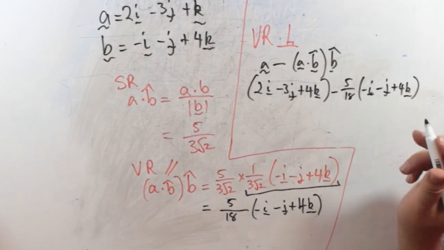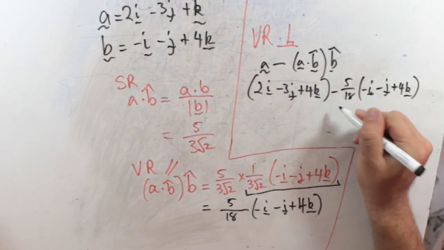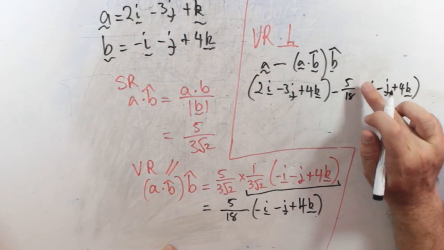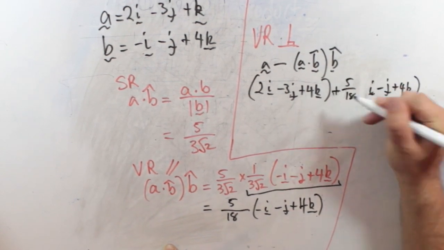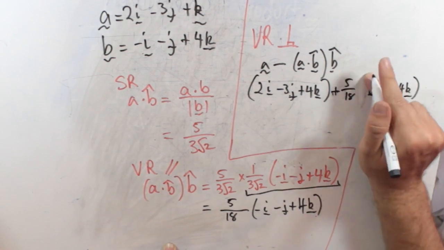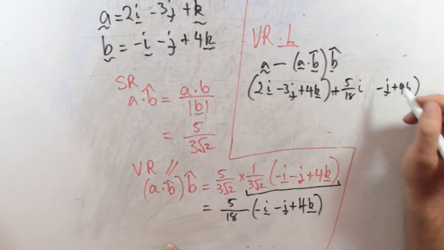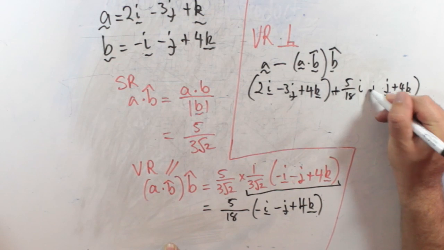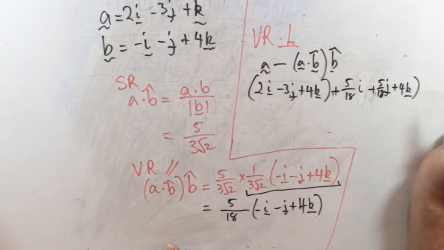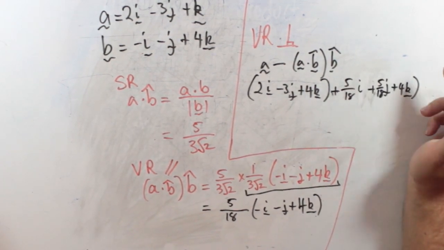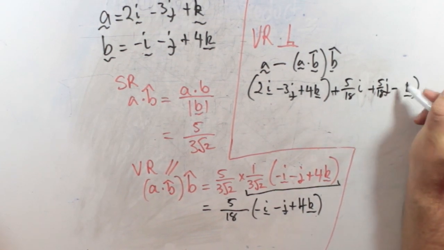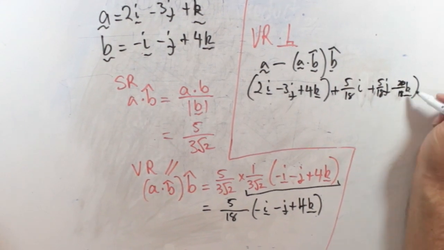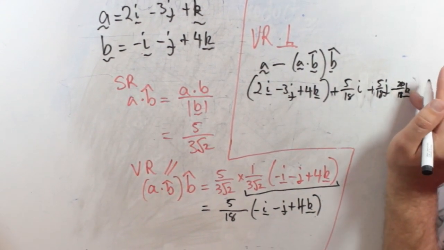I'll just get rid of this, and I'll go minus minus, which means plus. 5 on 18i, we need another plus, 5 on 18j. 4 times this is 20, but this is going to become minus when I expand that bracket. So 20 over 18.